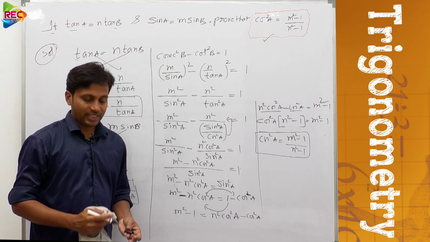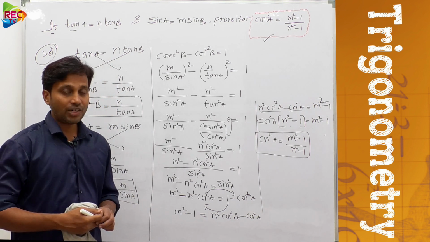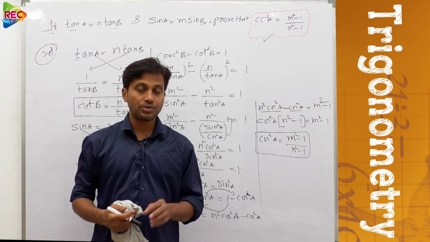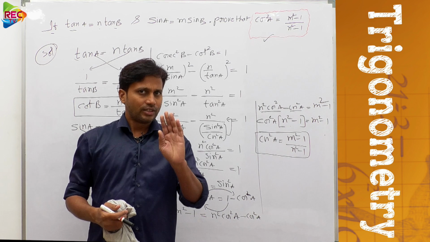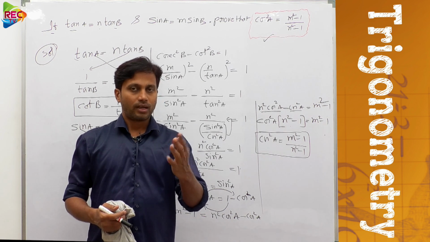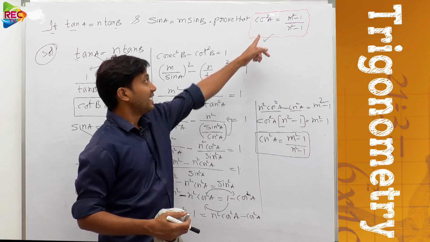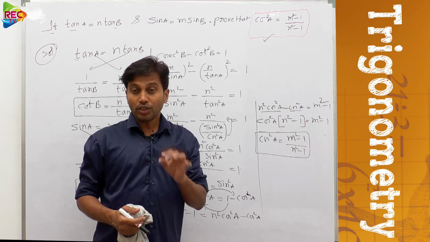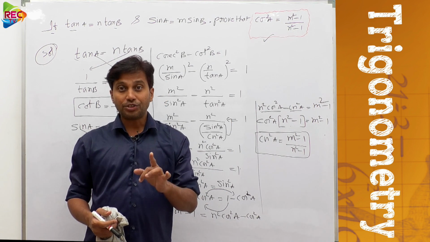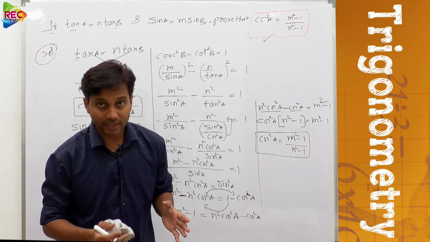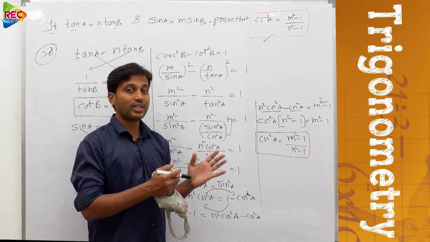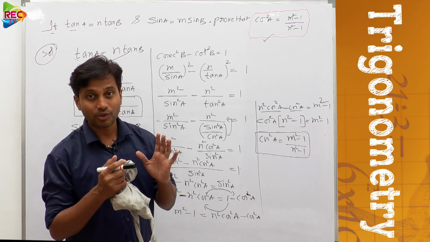So for doing this problem, you don't need to do hard work, you need to do smart work, means you need to think, okay, you need to focus and think smart about how to obtain the given result. If you want to obtain the given result, then you need to catch hold of one of the trigonometric identities. Here we are taking cosecant square theta minus cot square theta equal to 1.